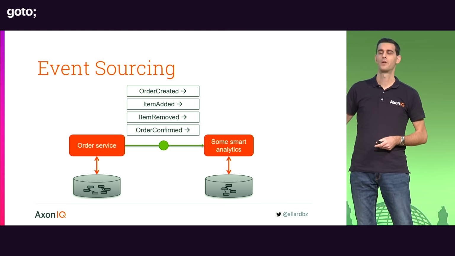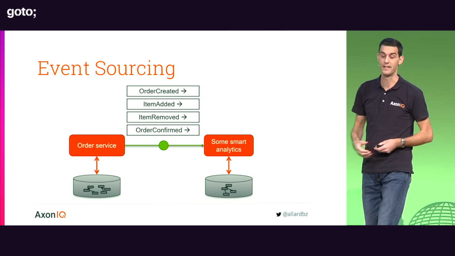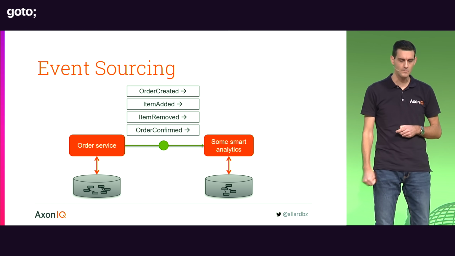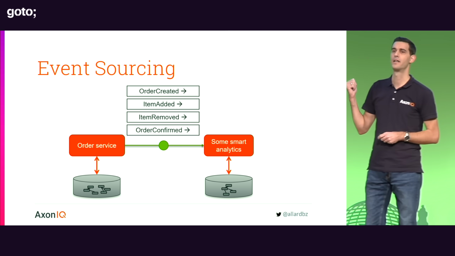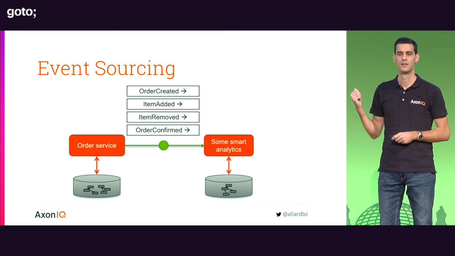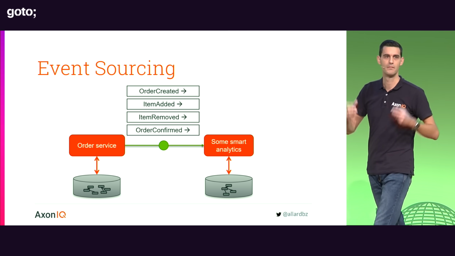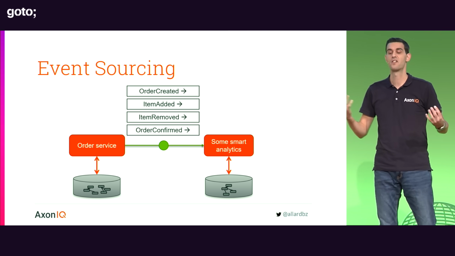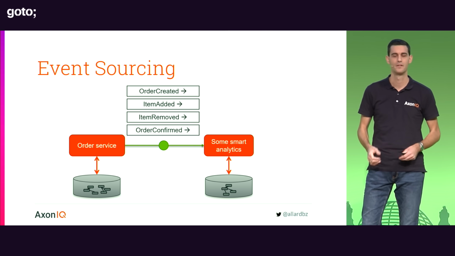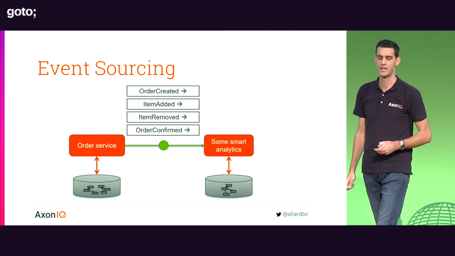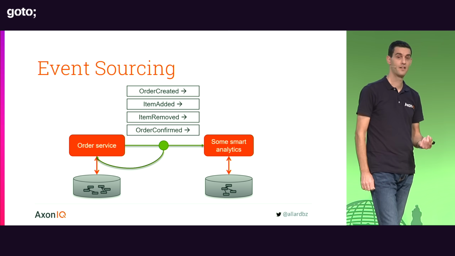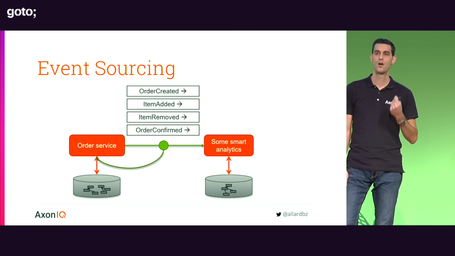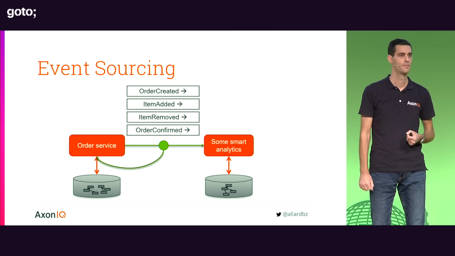And this order service will emit events as things happen to that order. So far, this is not event sourcing. Nothing that is happening here is event sourcing. Right? It's already quite interesting, but it's just event processing, which is different. It becomes event sourcing if the order service itself uses the event it's generating as its own source of truth.